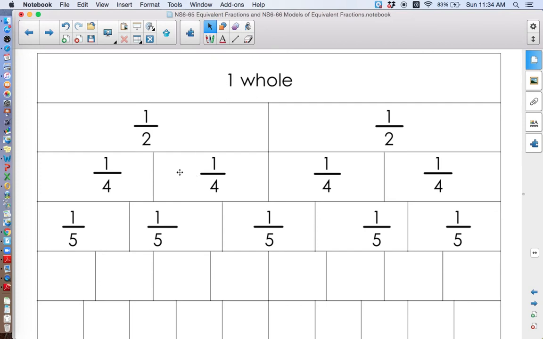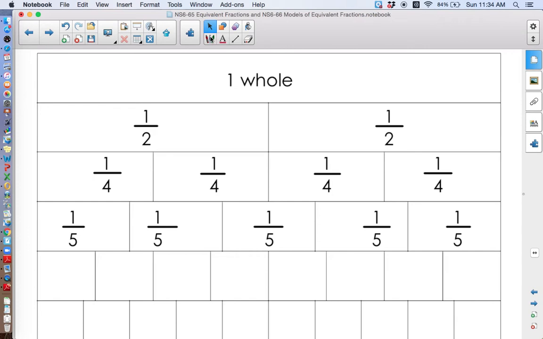All of these are equivalent. In saying that, 2 quarters is equivalent to 1/2. Okay? 1/5 and 2/5 are not really equal if you look. There is no part of a fifth or 2/5 that is equal to 2 quarters or a quarter or a half. Okay, so when I say that, I'm looking at this.